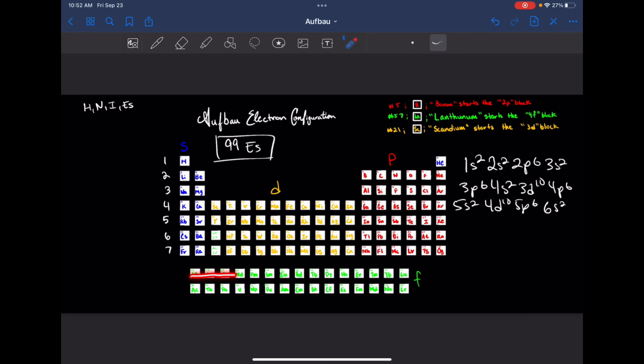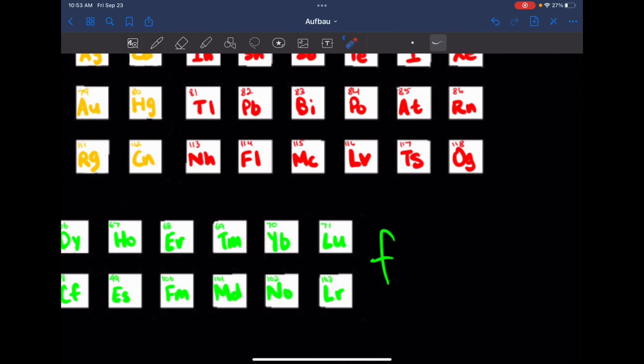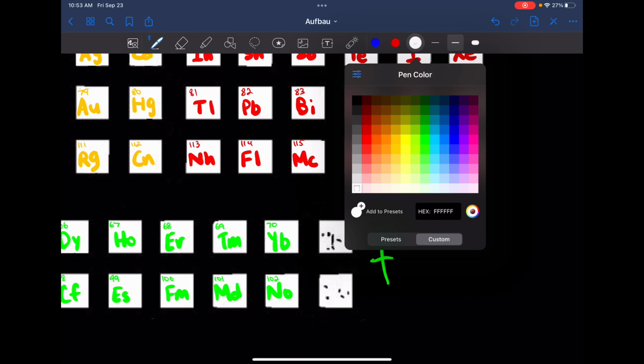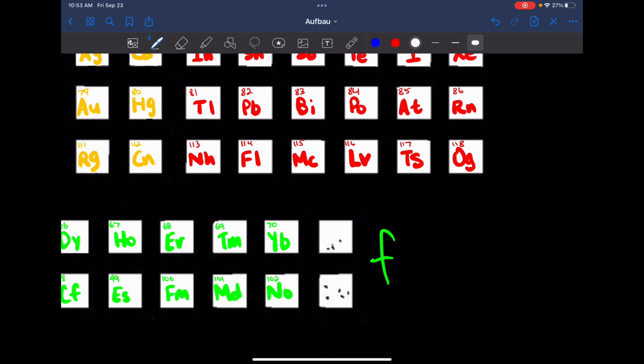These elements down here are called lanthanides and actinides. These are our lanthanides. These are our actinides. Now, let me actually make a quick correction right here because I realized that these are actually a part of the D block.